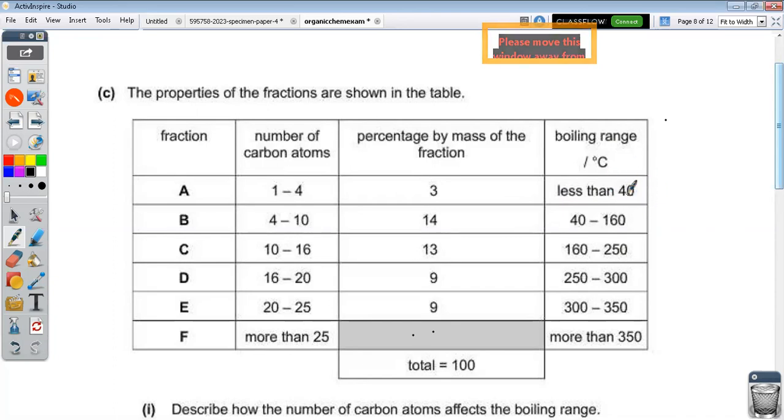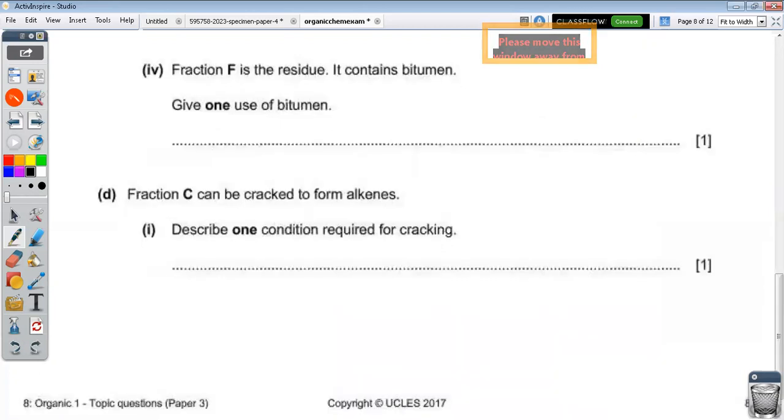Boiling means it turns to a gas at less than 40 degrees. So A is the one that turns to a gas at less than 40 degrees. The rest turn to a gas after 40 degrees, so before 40 degrees they are not gases. Clear now? So A is the only one that can be gaseous at 25 degrees, which is room temperature, like I mentioned.